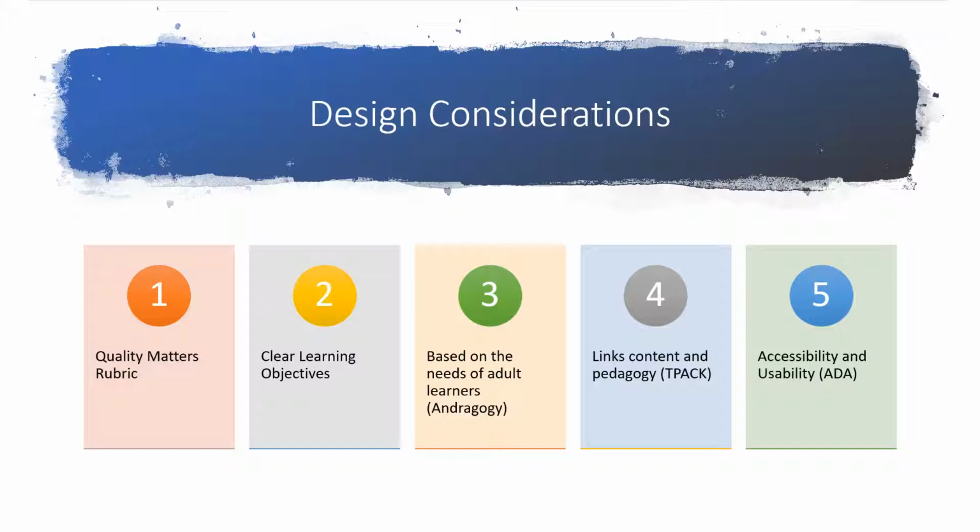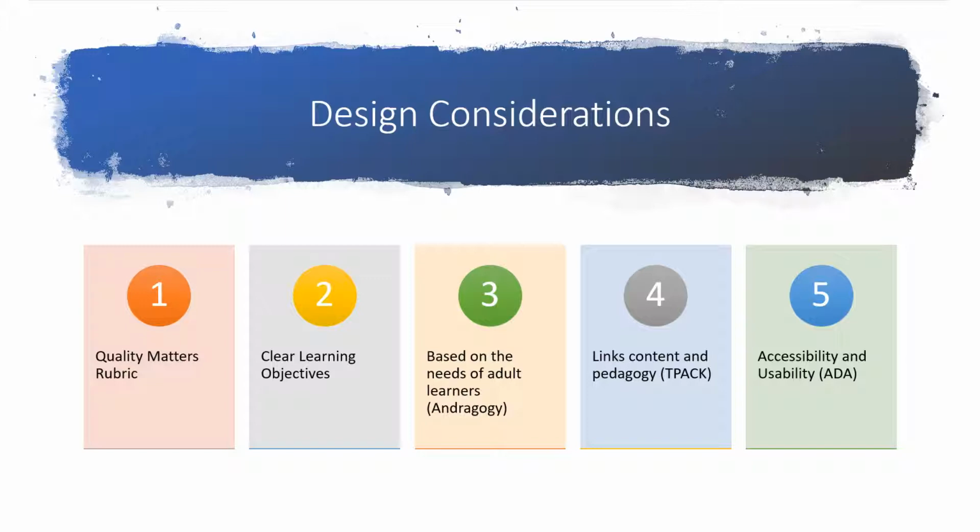Inside the rubric, it defines that we need to have clear learning objectives, and that is an essential necessity when converting from a straight lecture course to one with more hybrid and online instruction. And of course, the design of the course needs to meet the needs of adult learners.